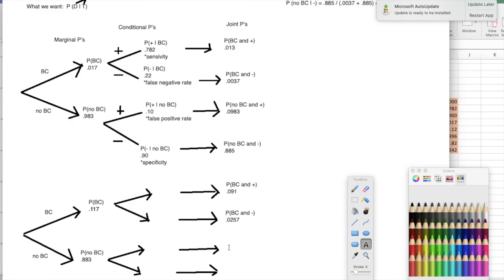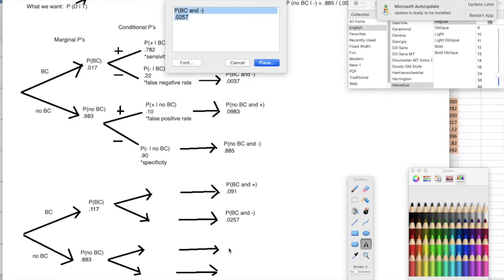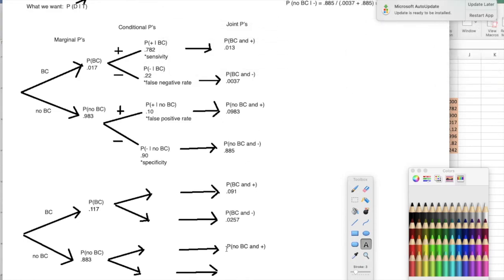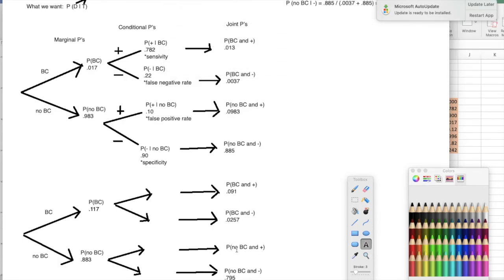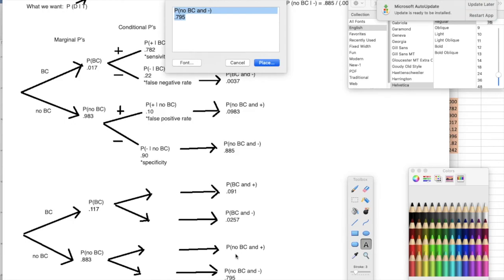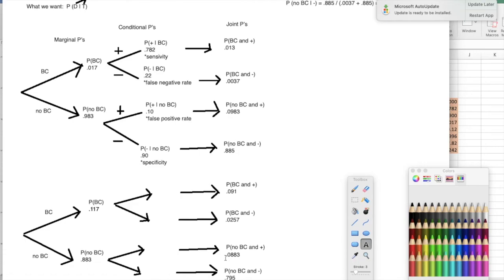These are joint probabilities. We're multiplying across. Probability of no breast cancer and positive. Probability of no breast cancer and negative, 0.795. Forgot to put a number on this one. That's 0.0883. Okay.